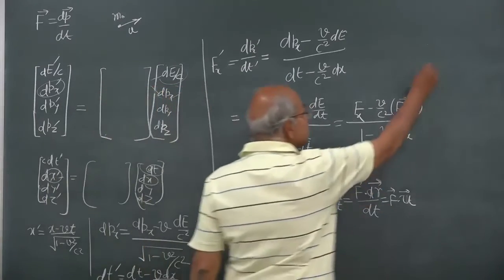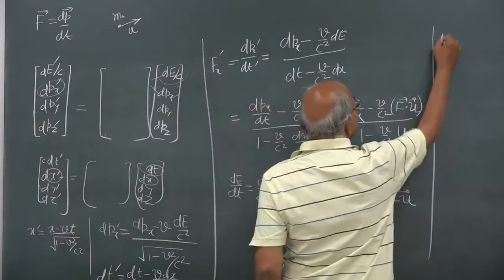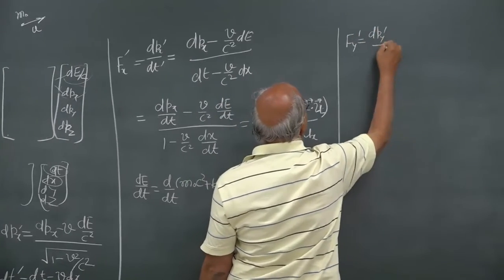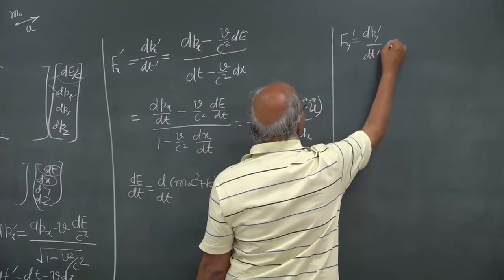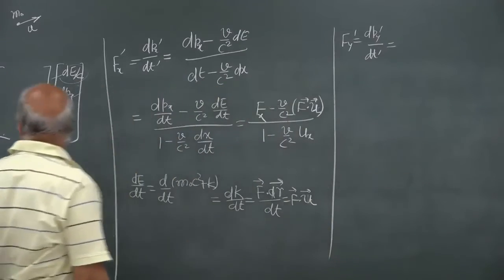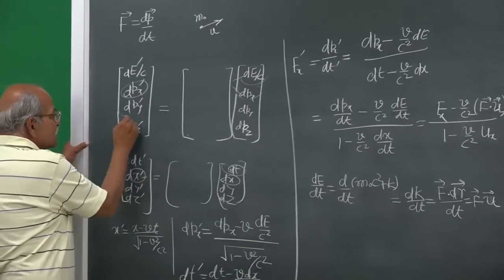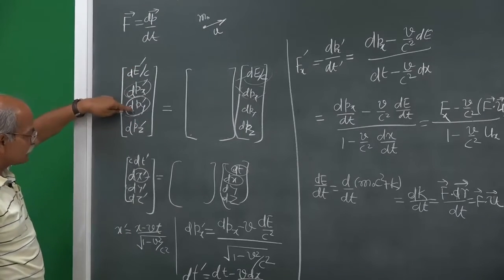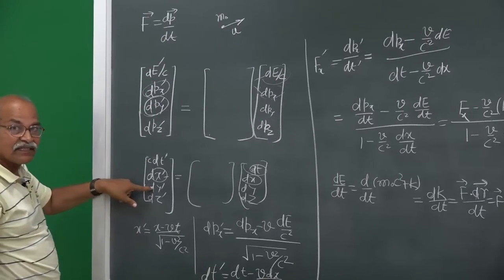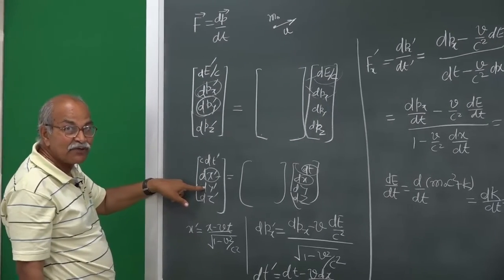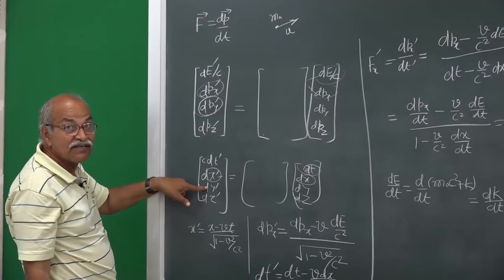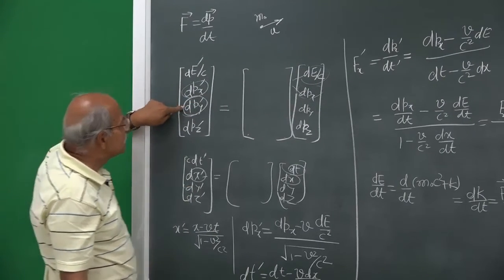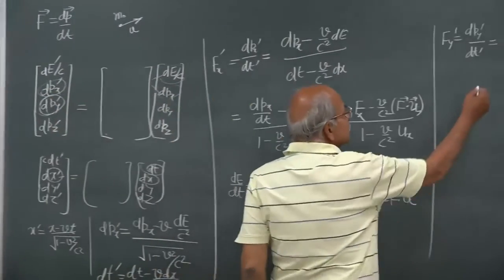And for the y component transformation, fy prime will be dpy prime divided by dt prime. And what is dpy prime? It is the third component in this 4-vector. dy prime is equal to dy, since y prime is equal to y. Similarly, here dpy prime will be just dpy.